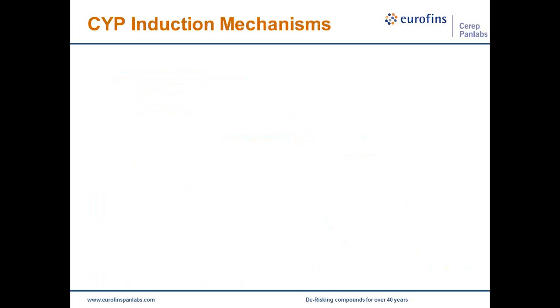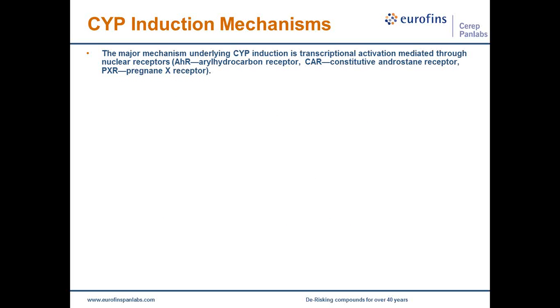So now let's move to another very important DDI effect. It's CYP induction. Compounds that induce CYP activity are inducers. The induction mechanism is transcriptional activation. It's mediated through nuclear receptors.